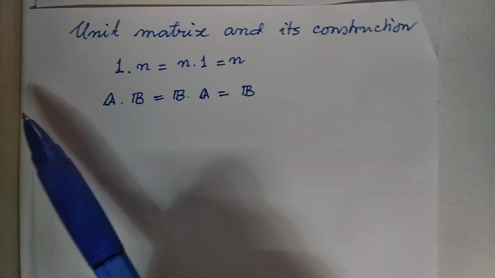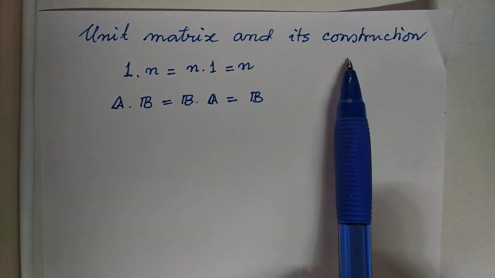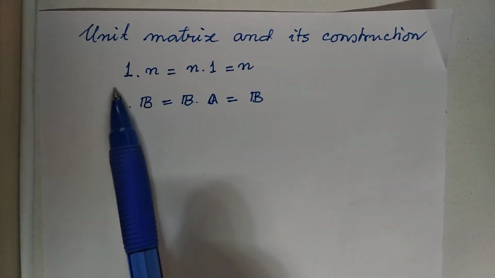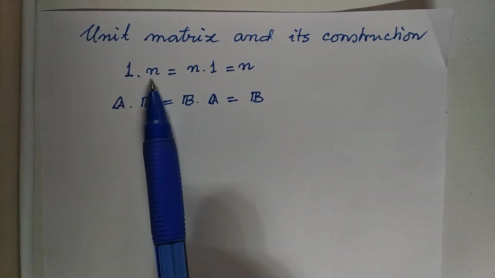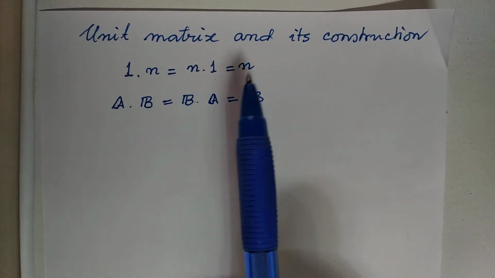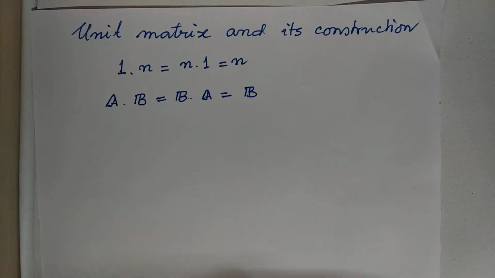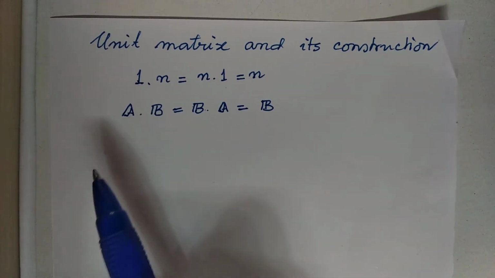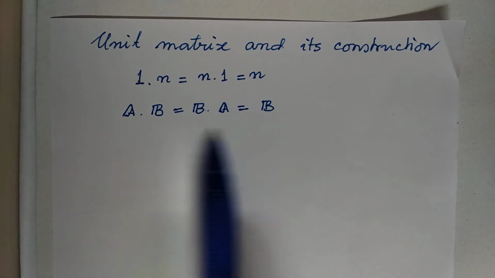In this video, I am going to discuss unit matrix and its construction. In the number system, we have this identity 1 into n equal to n into 1 equal to n, where n is any finite number. In analogy with this, we want to get an identity with matrices.